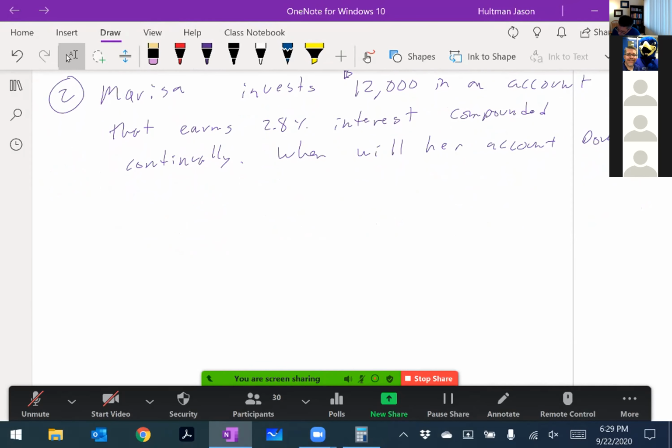Okay, so we're compounding continually. Well, that's a PERT account. That's my A equals P e to the RT, right? And so we're saying, look, she's going to invest $12,000. So A equals $12,000 e at 2.8%. That's 0.028 times t. But we need to solve for t.